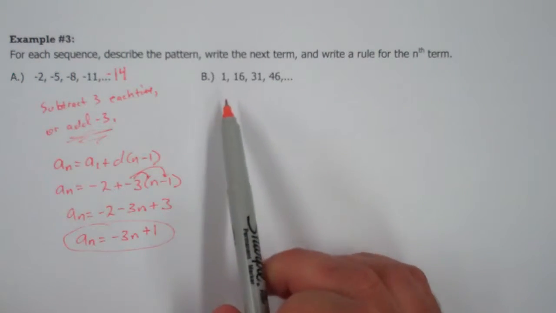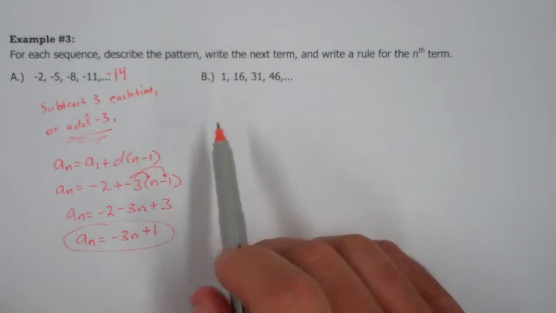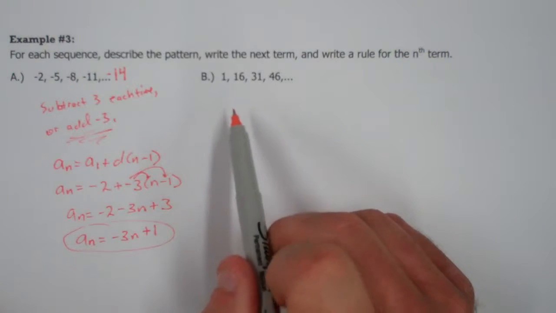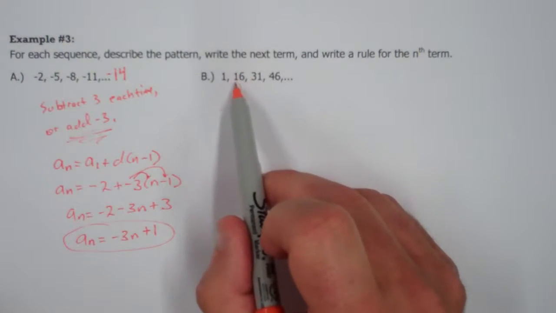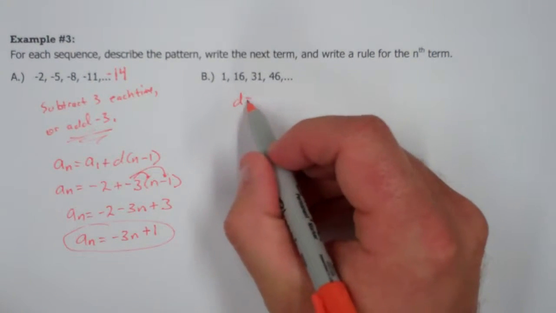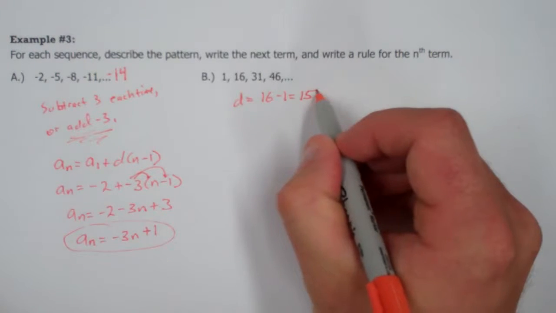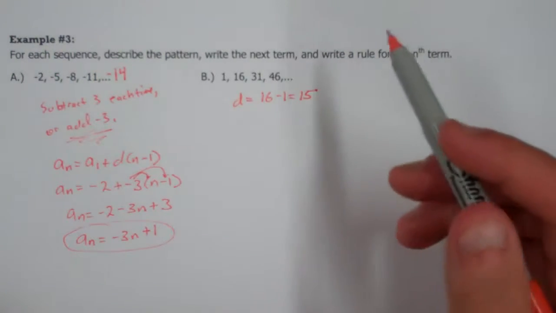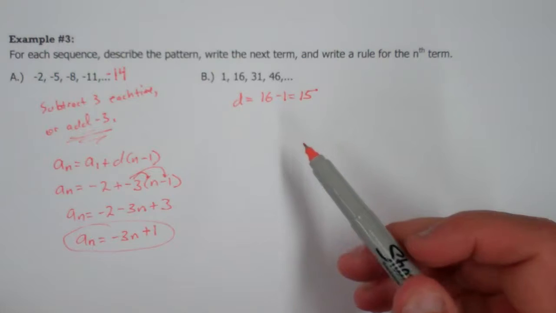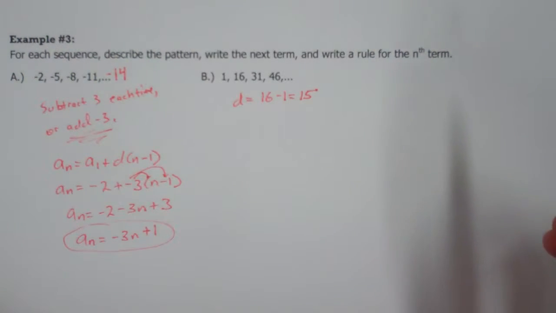The next one, we've got 1, 16, 31, 46. This one is a little bit trickier to figure out what we're adding by, and I know it right now, but that's because I think I've seen this one before. But if you're having trouble with this, all you need to do is take one term and subtract the previous term. So if we want to find d, that would be 16 minus 1, which is 15. We should also verify that you're adding 15 each time. If you're not adding the same thing each time, this is not arithmetic and we wouldn't be able to use this formula.